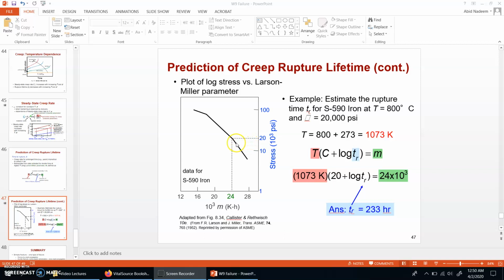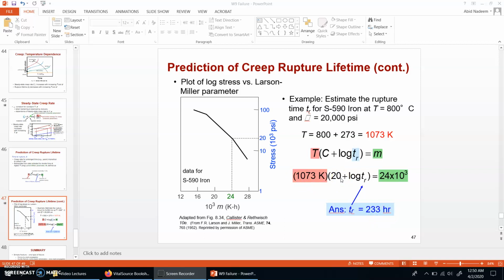So corresponding to 20, this Larsen-Miller parameter is 24,000. And then this equation can be solved for the unknown value. So in this case it is giving a value of 233 hours. So it will mean that the time to rupture will be 233 hours at this temperature.